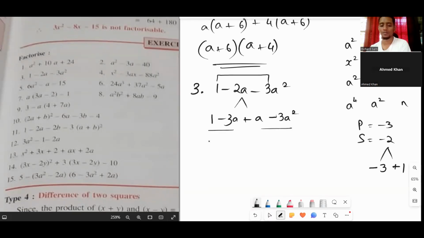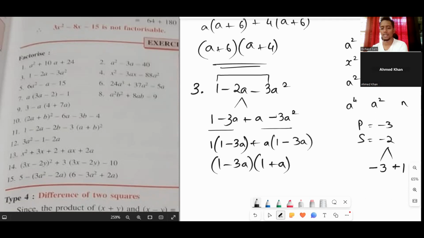So group them like this. First group, what is common? Nothing is common. So 1 into 1 minus 3a plus, here what is common? A. So a into 1 minus 3a. So 1 minus 3a is common, and outside you have 1 plus a.